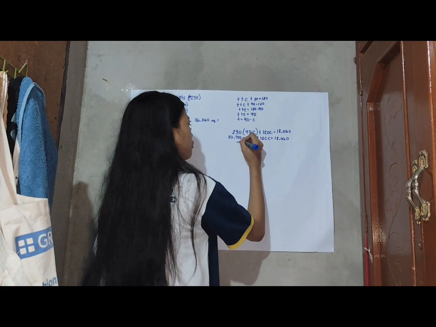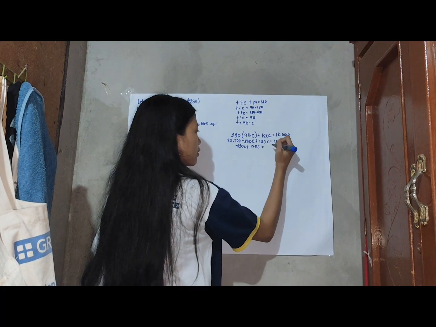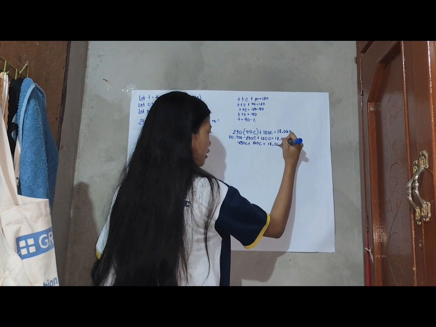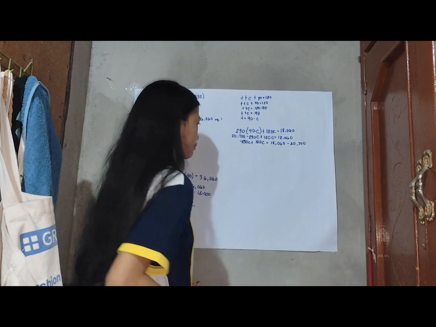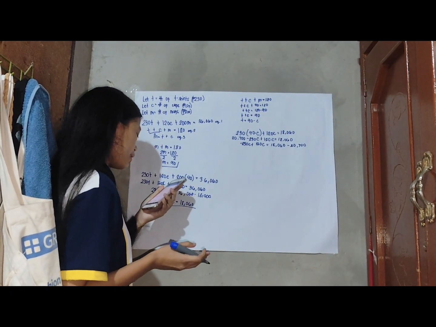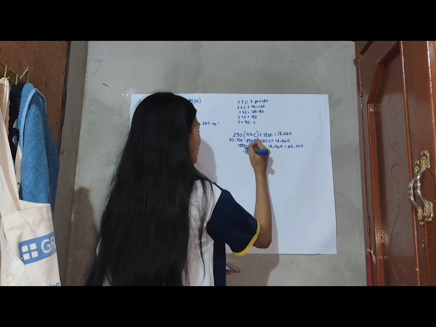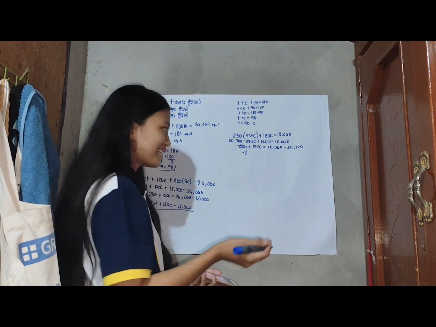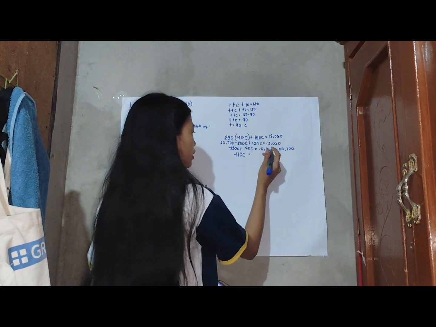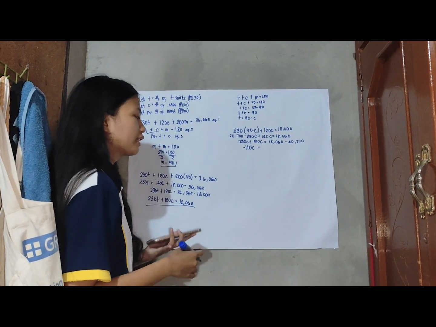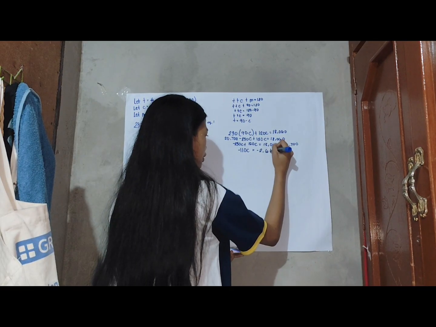So combine like terms. We transpose this one to change its operation to the other side. So negative 230c plus 120c is equal to 18,060 minus 20,700. So negative 230c plus 120c is equal to negative 110c. Negative 110c is equal to 18,060 minus 20,700, which is equal to negative 2,640.